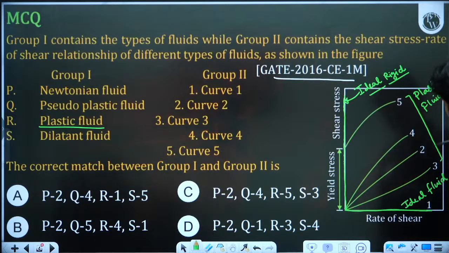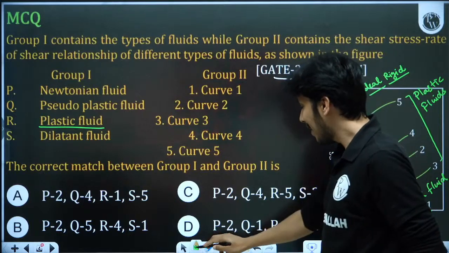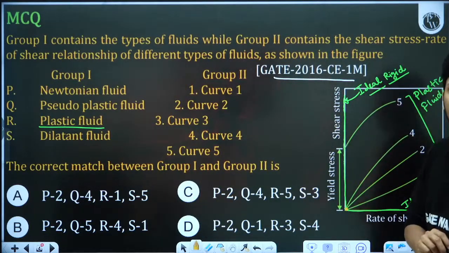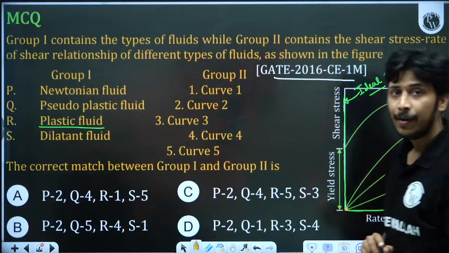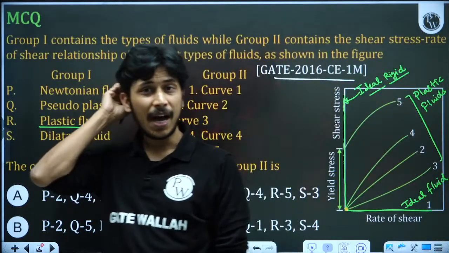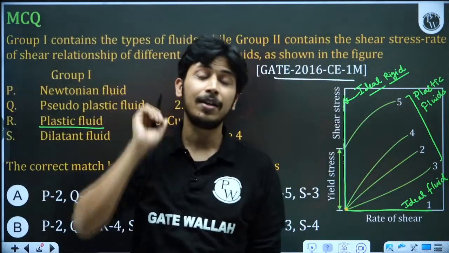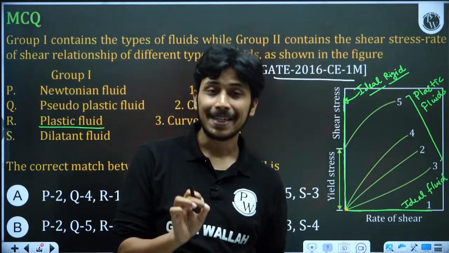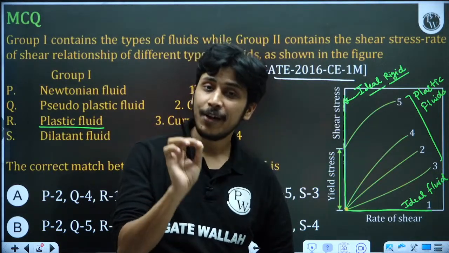Plastic fluids 2, 3, 4 and 5 all are plastic fluids. Now please understand, in plastic fluids there are two categories. One category is the type of fluid which are starting from point 0. No, Bingham fluid is not plastic, Sudhanshu Ranjan. Please understand carefully whatever I am teaching.